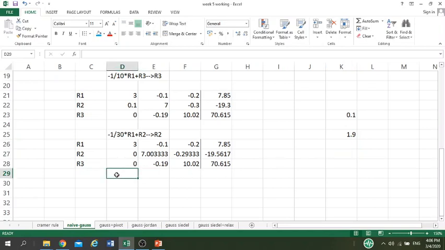So the solution is we have to multiply row 1 with coefficient value of positive 1.9, then plus row 3.